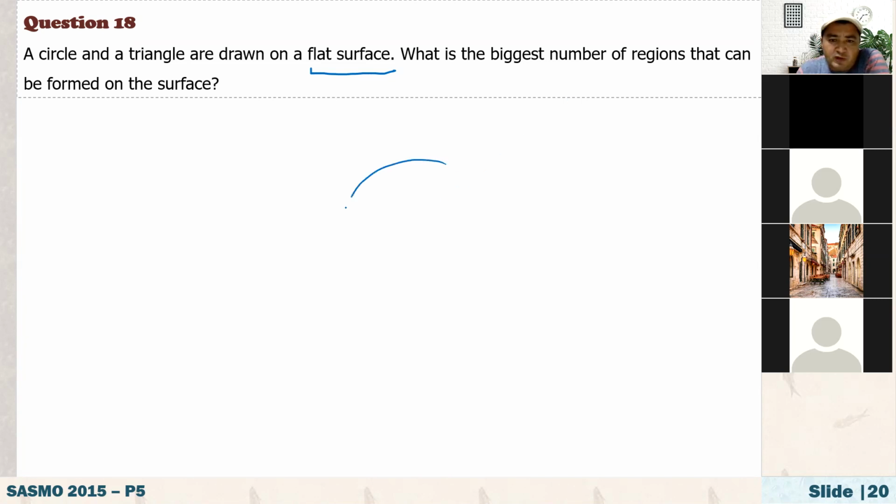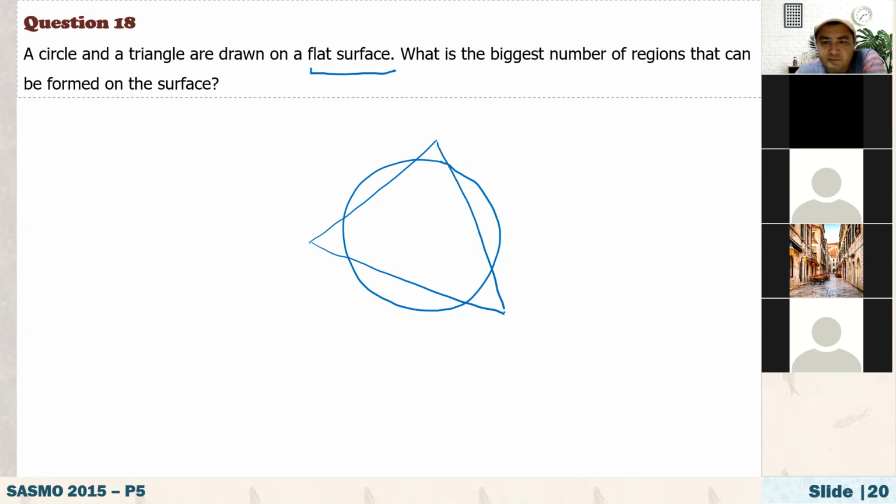So first we need to draw a circle. That's our circle. And I need to draw a triangle in such a way that I try to create as many regions as possible. So that means that here maybe the first one I draw from here and from here, okay, and from here, right?